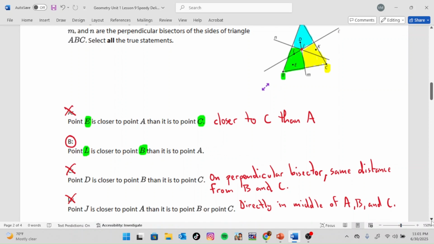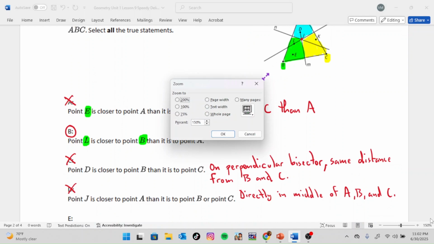It's the same distance from all 3 points.